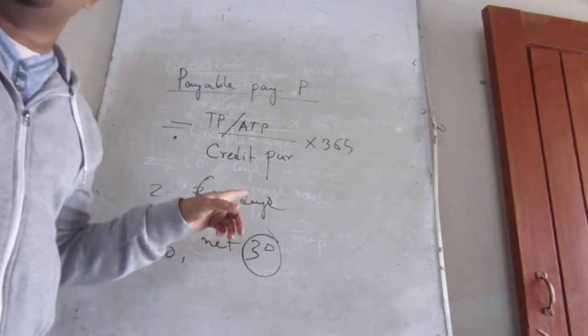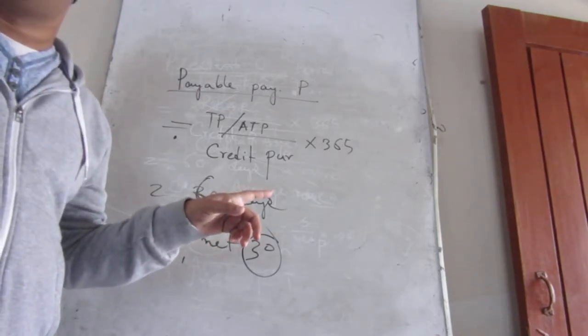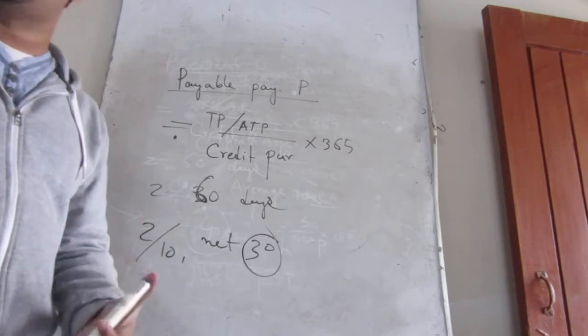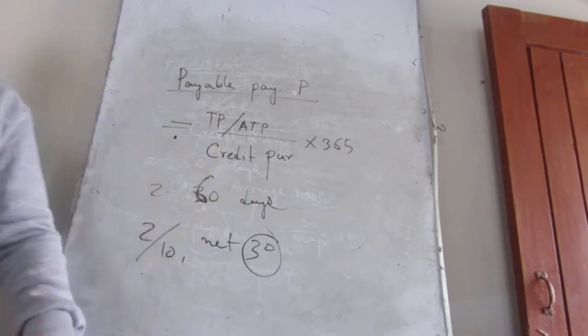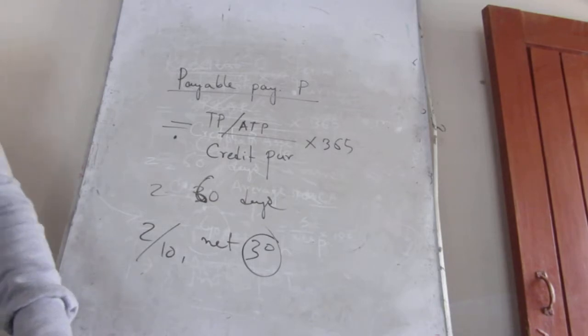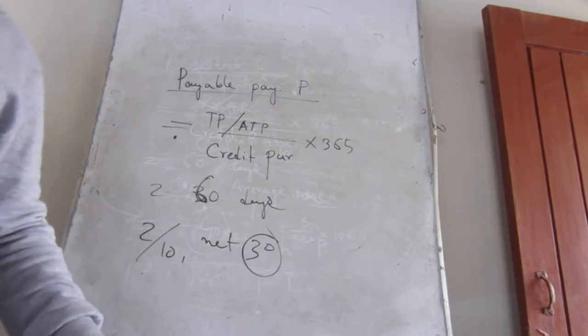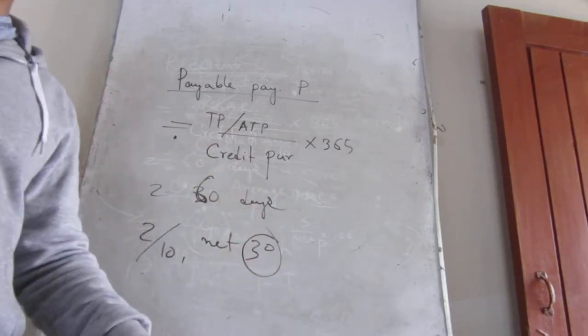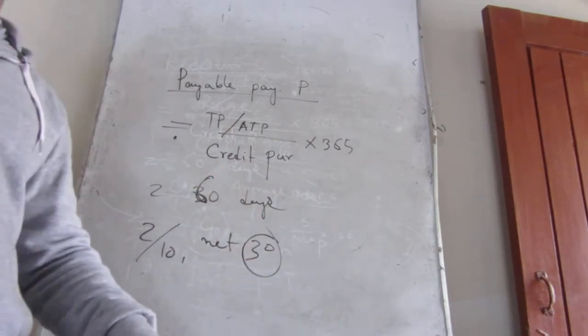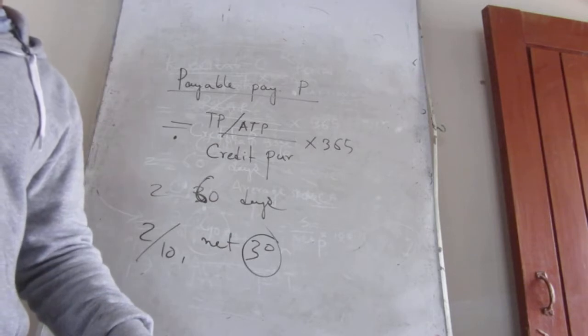It will lose your creditworthiness, it will lose your goodwill in the market. Even next time, you cannot find any credit supplier. All the suppliers will ask for immediate payment, and it will highly affect your business. Understood?